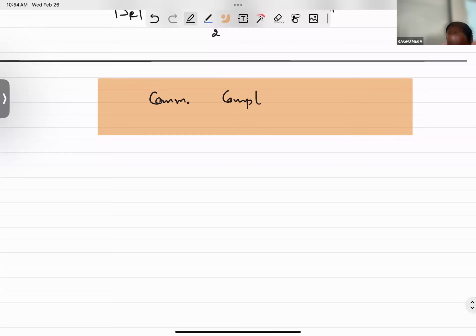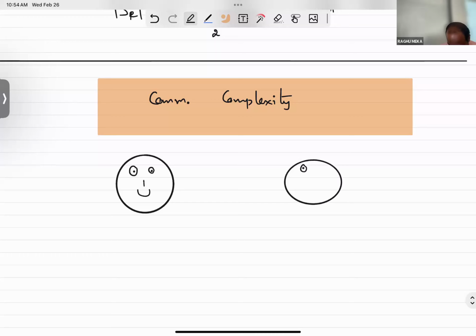In particular, we talked about the equality problem earlier, right? But I'm going to change the notation a little bit so that the connection to what we discussed is clearer.